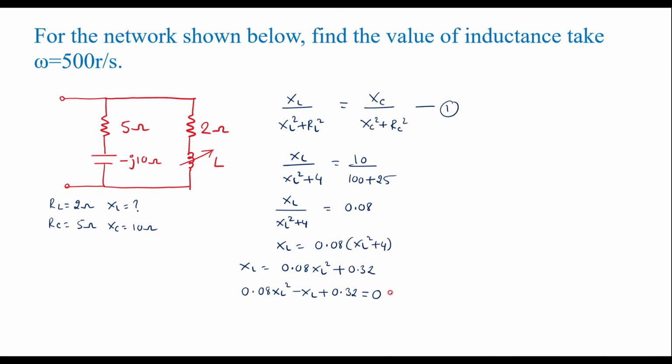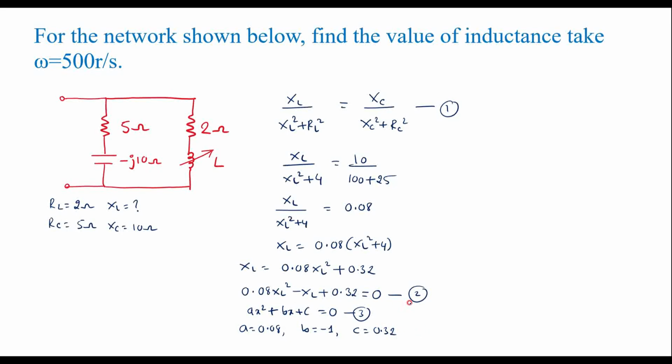So now here we can observe that this is the quadratic equation. We know the quadratic equation, that is ax square plus bx plus c is equal to 0. Comparing equation 2 and 3, I can write a is equal to 0.08, b is equal to minus 1 and c is equal to 0.32.